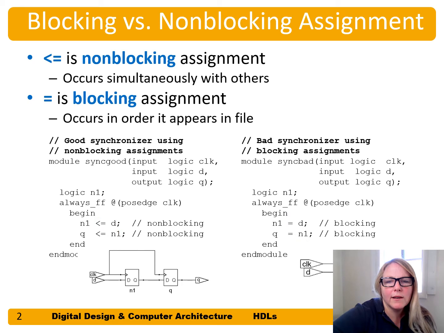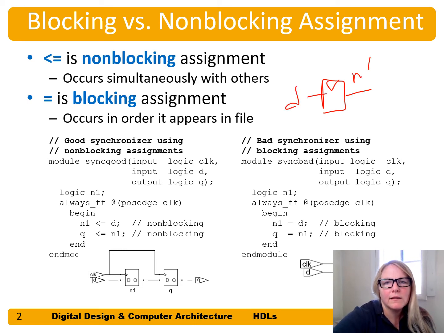So in this one, here's this internal node N1, N1 gets D, so here's clock, still at the posedge of the clock, so that looks the same too. N1 gets D, and then Q gets N1.